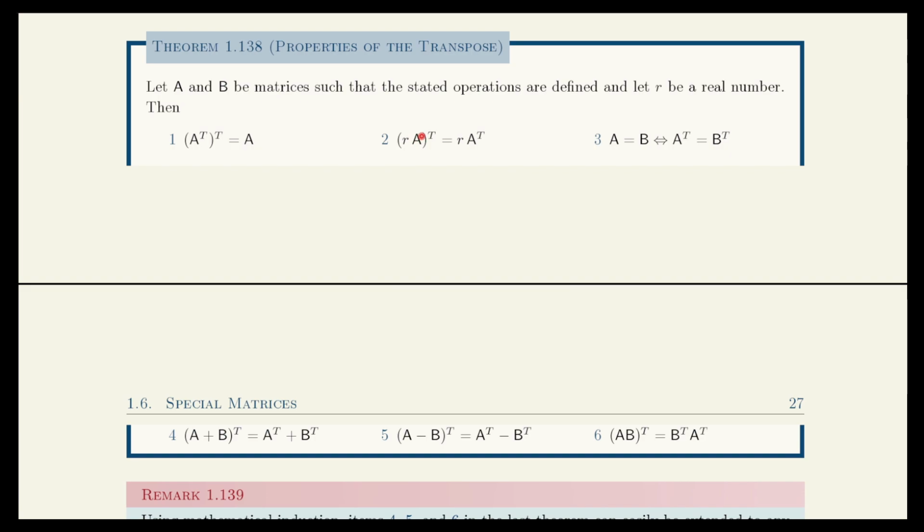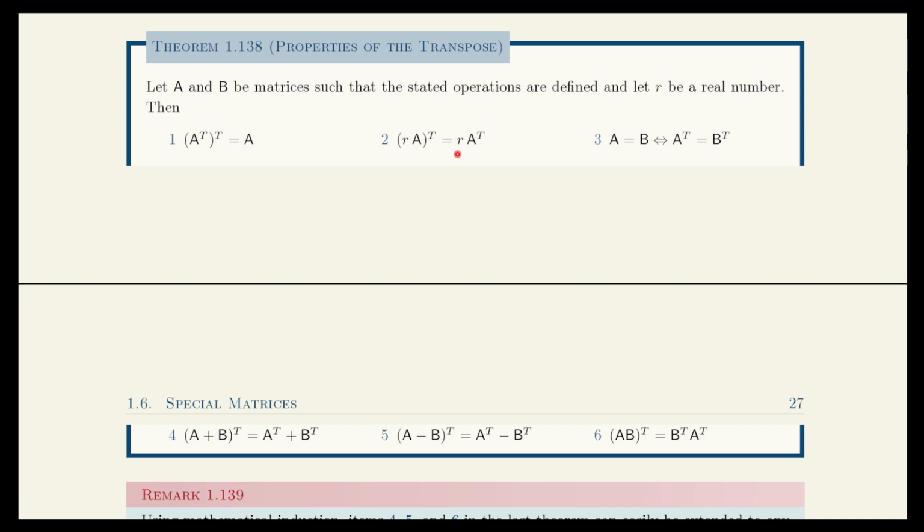So whatever I told in English, it is actually coded in this equation. So you should be able to read it in that way. It doesn't matter if I multiply my matrix by my number and then transpose, or first transpose and then multiply by my number. The results are the same.